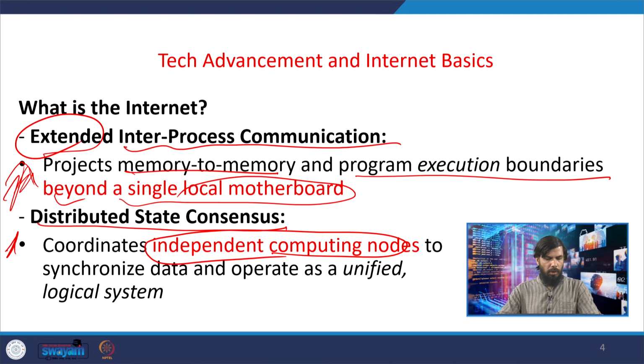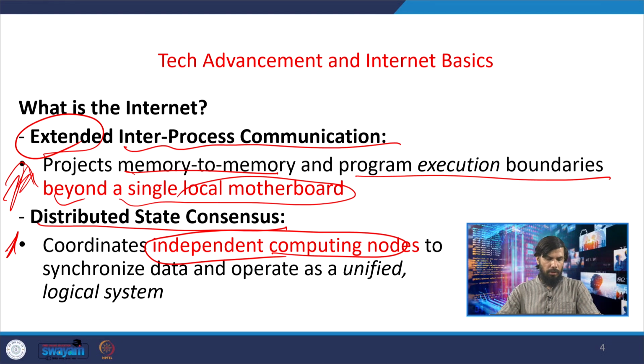But in the internet itself, this distributed state consensus happens, and essentially it means coordination between independent computing nodes in terms of synchronizing data, because the data will cross the network. So some sort of synchronization can happen so that the coordination is facilitated.